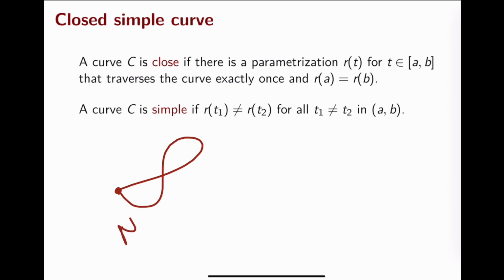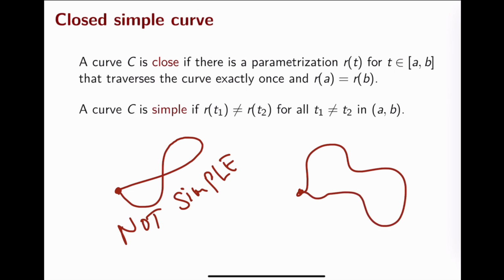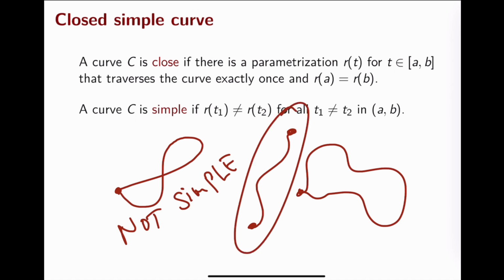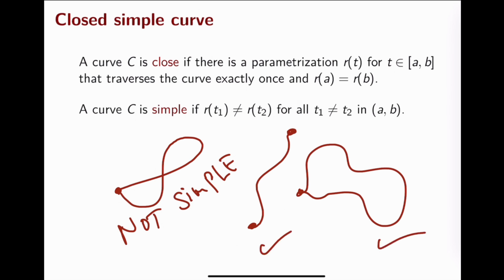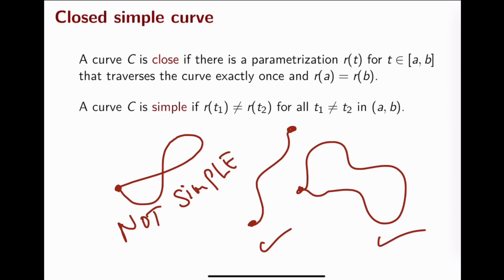So this curve will be not simple, and a curve like this, let's say, will be simple. A curve like this will be also simple. So this one, for instance, will be simple but not closed, right? But both of them will be simple curves.